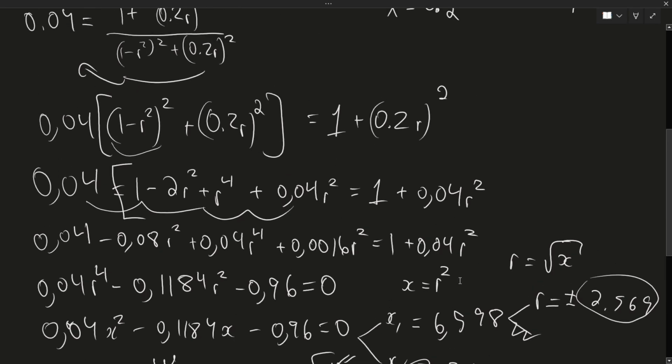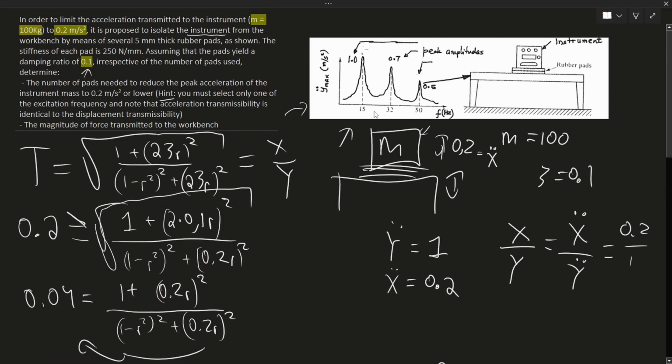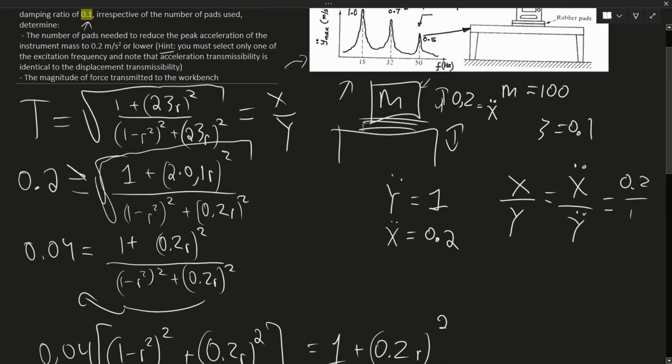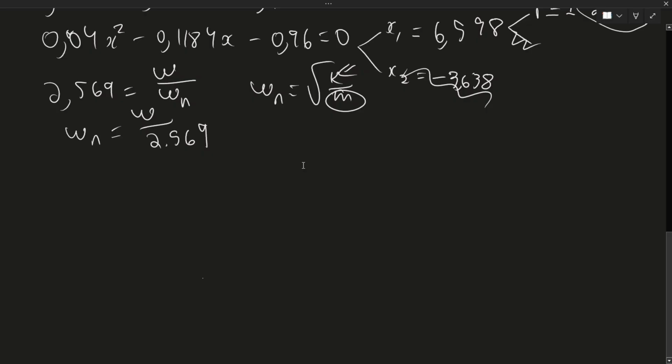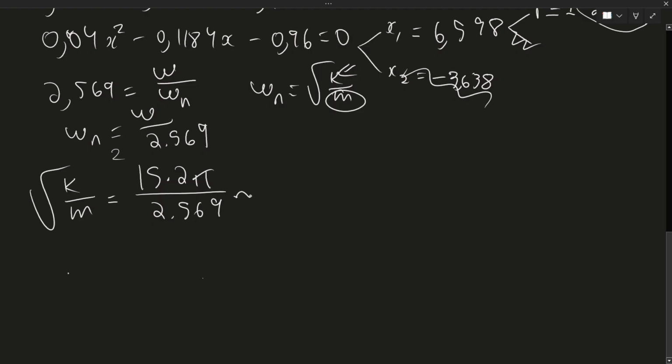And the omega that we chose was over here, 15 hertz. However, omega is in radians. So k over m is equal to, to convert it to radians you just multiply it by 2 pi, divided by 2.569. Okay, and that should give you about 36.3.